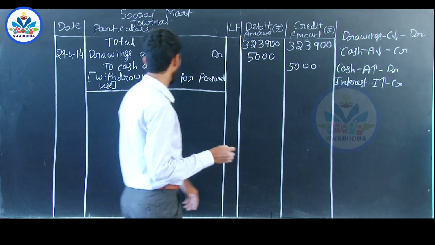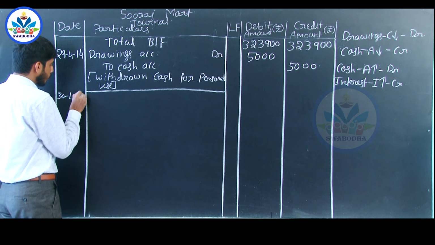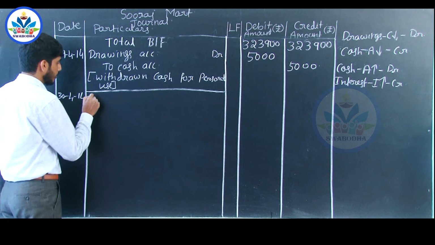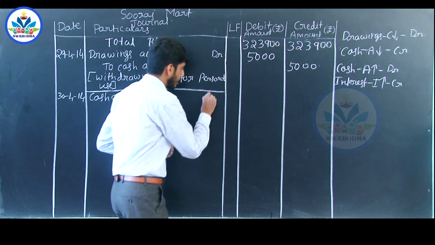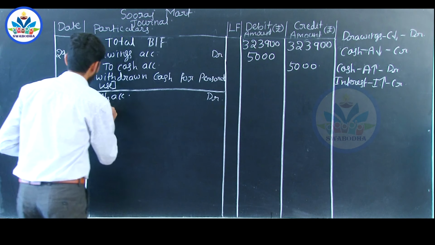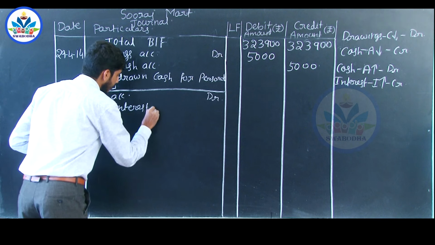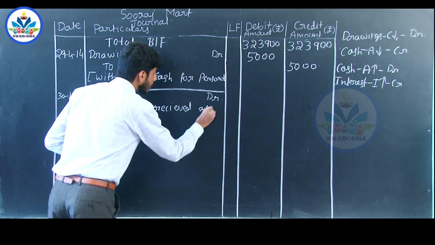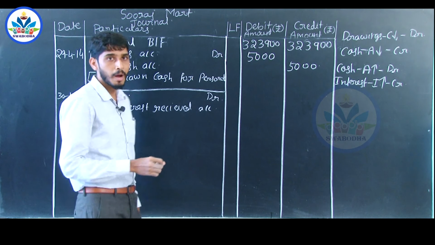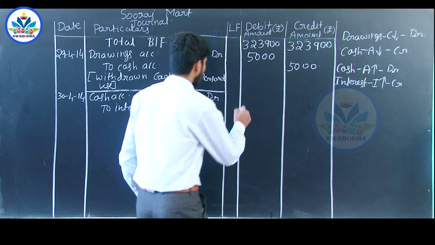So, the journal entry will be on 30/4/2014, cash account debited to interest received account. The amount of interest received in the form of cash is 1200.